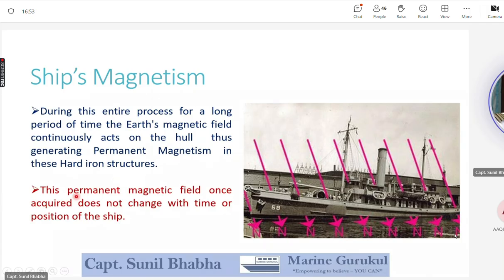Now, as this is permanent magnetism, once the material acquires it, it will not then change with time or with the position of the ship. The permanent magnetism, once acquired, remains there in the structure, and it will not change with time or when the ship changes its position.